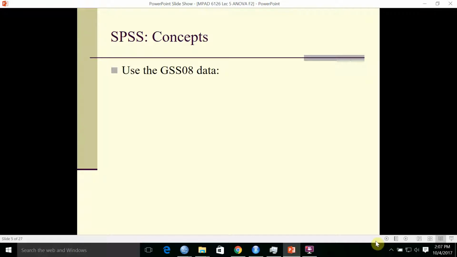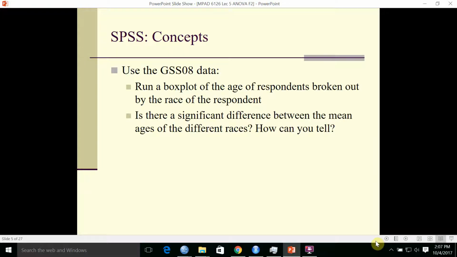So let's do a little SPSS exercise to get us to thinking about the data first. Let's think about whether there is a difference in the mean of the age of different races of people. How can we graphically do this, or how can we get a visual understanding of it?